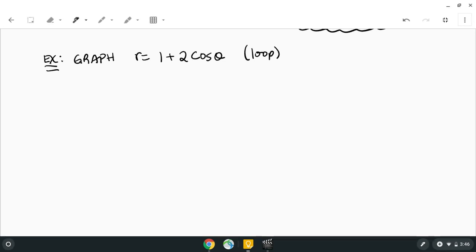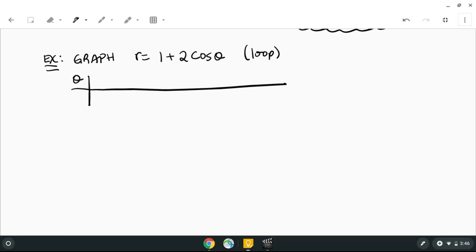Okay, so here, since we're dealing with cosine, I'll choose all the quadrantal angles, 0, 90, 180, 270, 360.